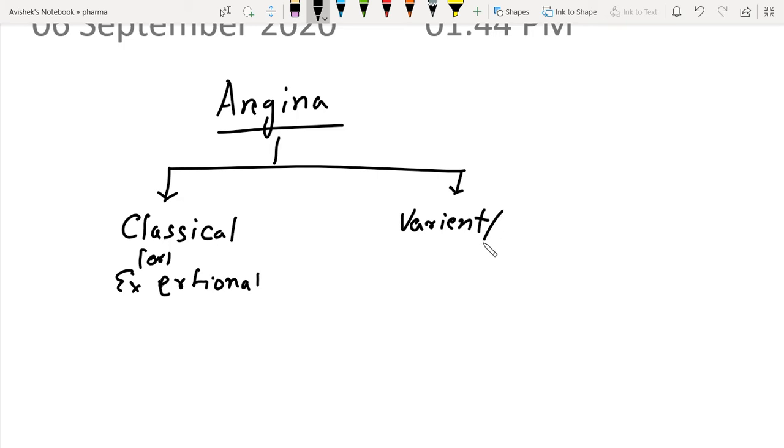This is also called Prinzmetal angina, or vasospastic angina.